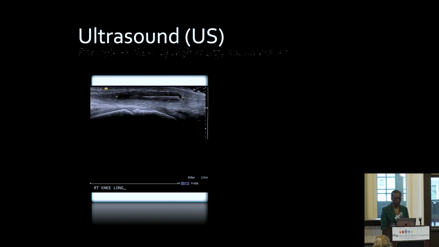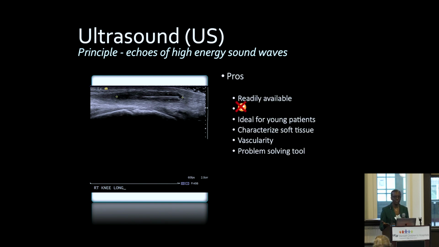Ultrasound is based on the principle of using the echoes from high energy sound waves to form images. The advantages are that it's readily available and there is no ionizing radiation involved. It's ideal for children, and sometimes you'll see us in that room chasing the patient around. We can characterize soft tissue very well, tell the difference between fluid and solid, and use Doppler ultrasound to look at the vascularity.